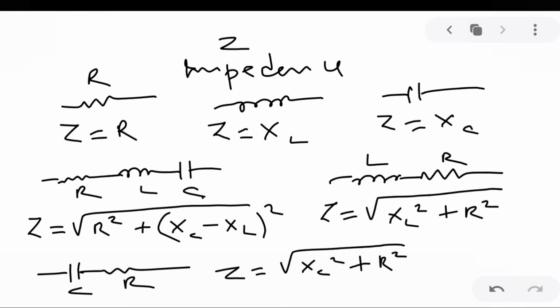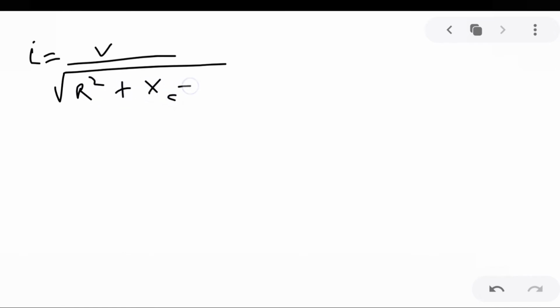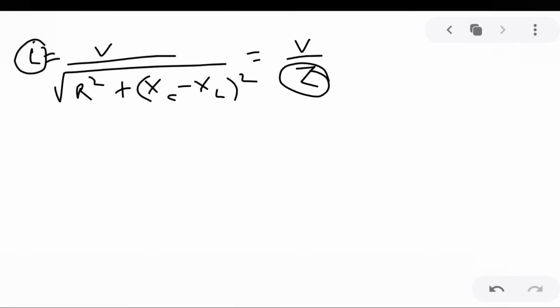Now with regard to our series LCR circuit, we got current equal to voltage divided by the square root of R square plus (XC minus XL) whole square, that is equal to V by Z. Now for what condition of this impedance is the current maximum?